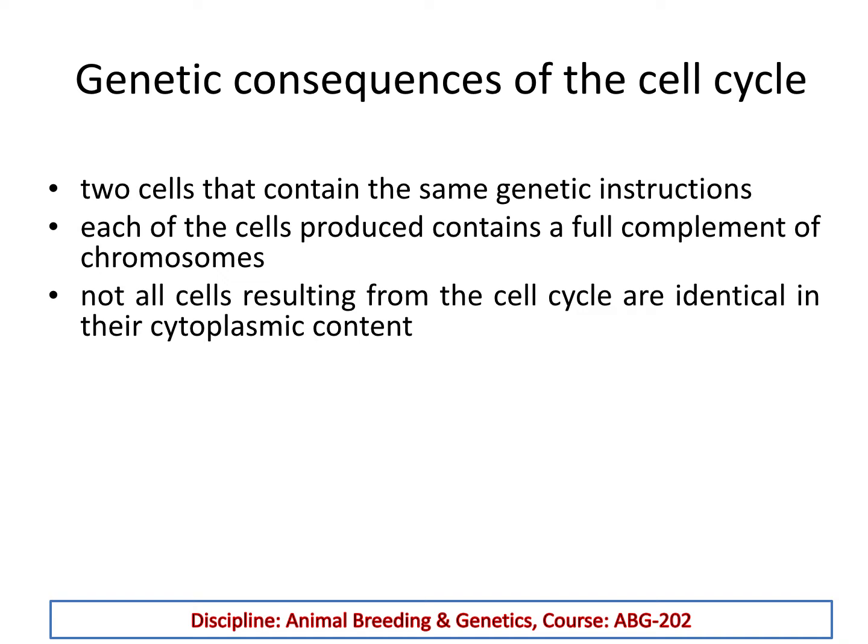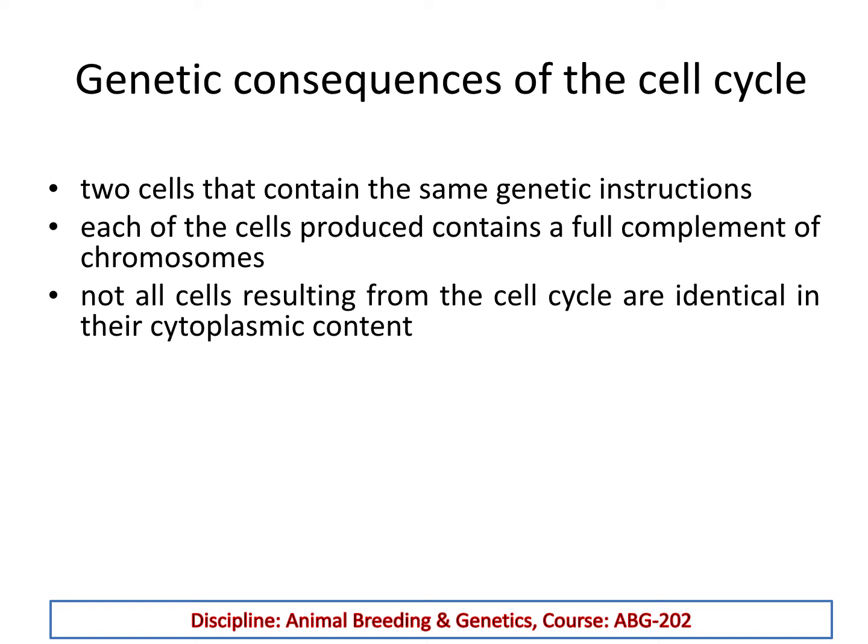In the next slide, the genetic consequences of the cell cycle. Of course, we know there will be two cells produced at the end of this cell cycle, and they would have definitely 100% the same genetic material or instructions. So DNA is exactly duplicated. Now each of the cells produced contains a full complement of the chromosomes.